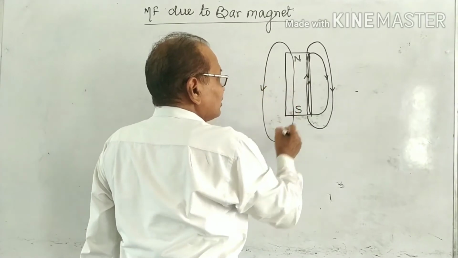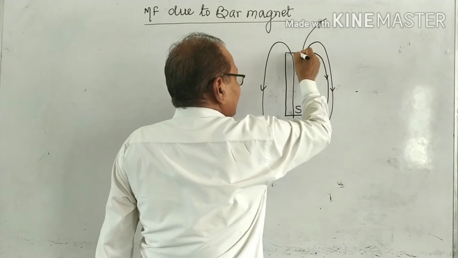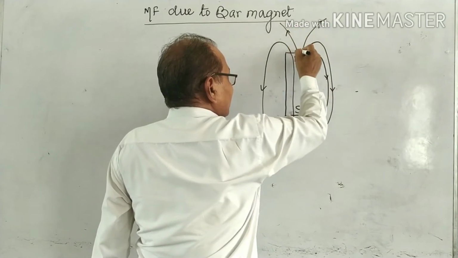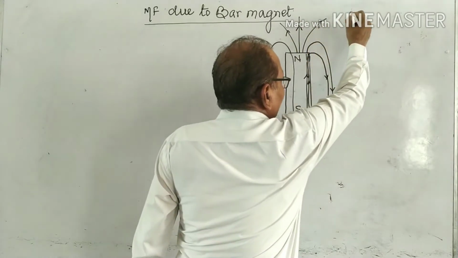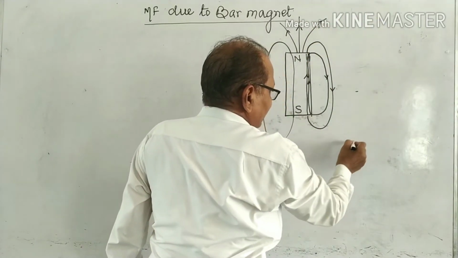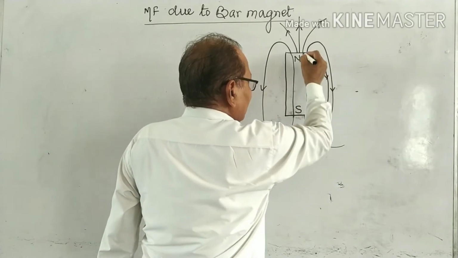So this is one magnetic field line, this is another magnetic field line, this is another. Now this magnetic field line will go like this, and again it comes over here and ends over here, and this forms like this.